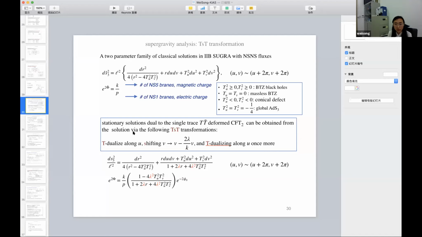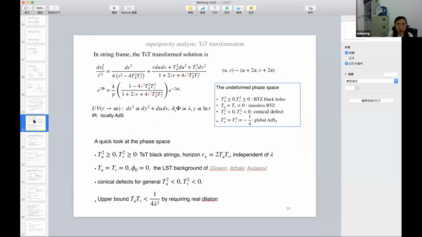So this general class of rotating black string solutions will correspond to this TTbar deformed field theory. In particular, these solutions could correspond to finite temperature configurations of this TTbar deformation. We'll show some of the details.